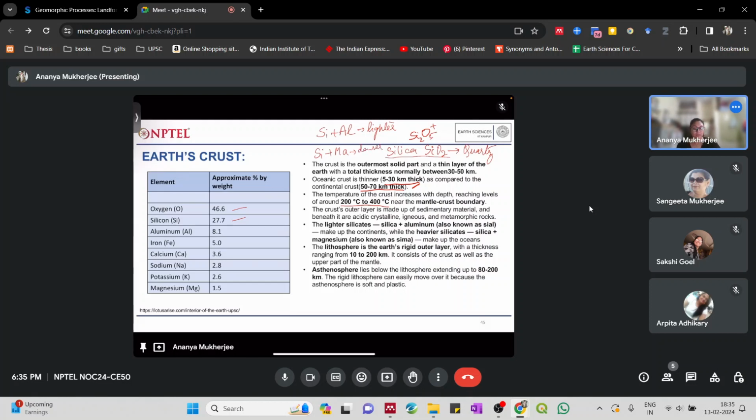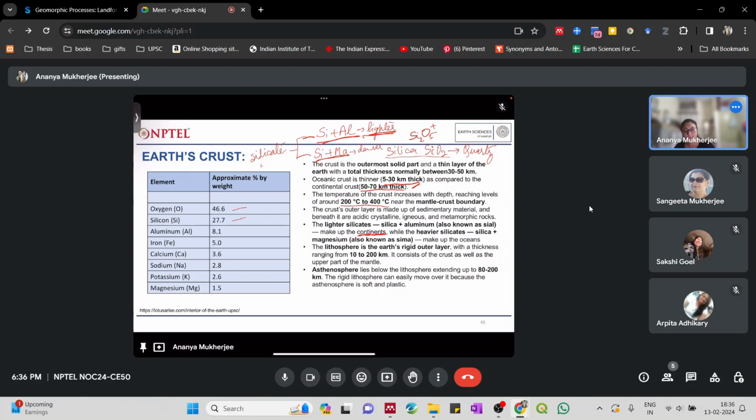So the continents are mostly made up of your lighter minerals, that is the Cl, or silica and aluminum, and your CMA, silica plus mafic minerals. These are also called heavier silicates. Both are silicate minerals.